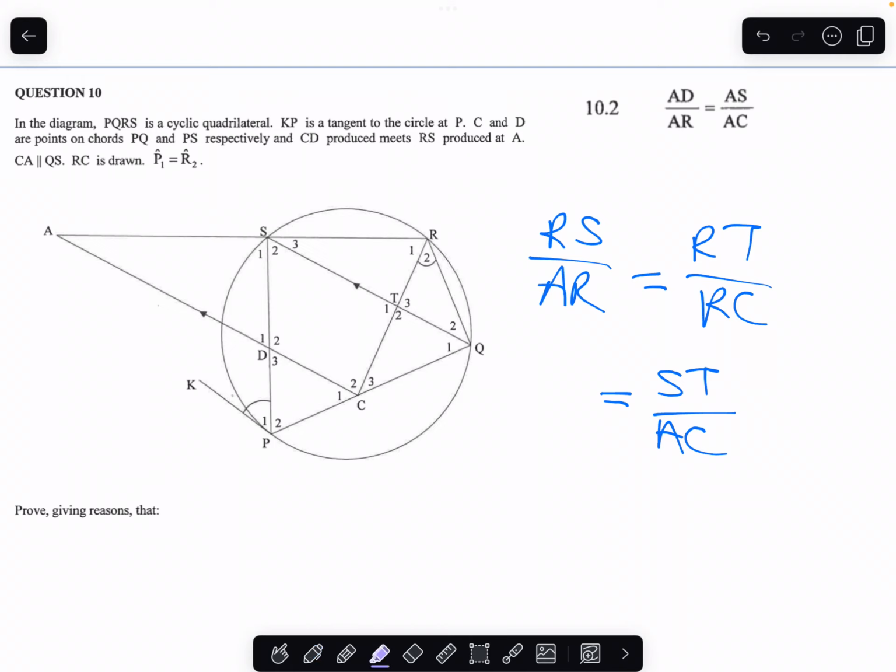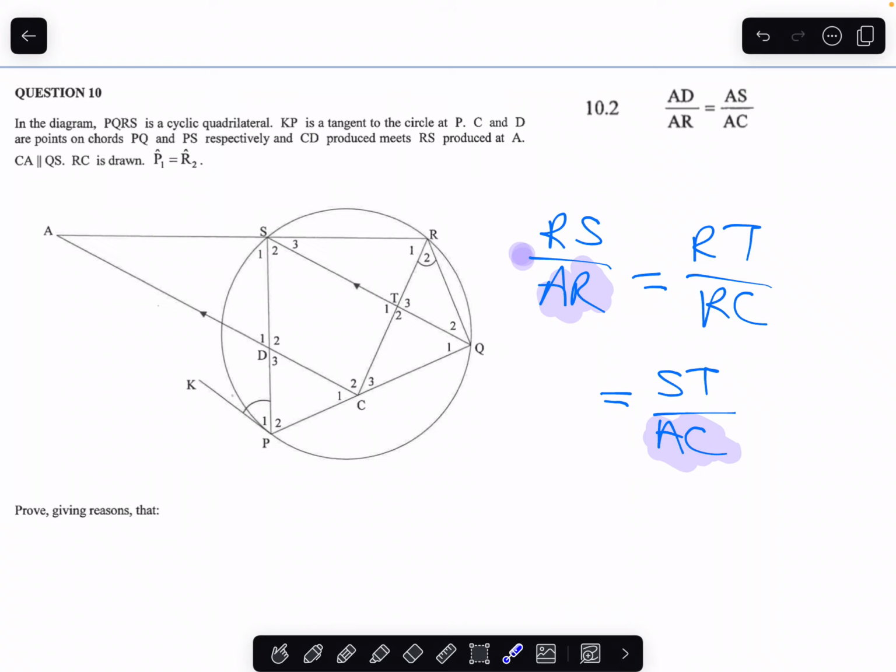Okay, so let's see how many of the sides we're interested in show up here. We have AC. AS we could find in here somewhere. And then there's AR. So the denominators look great.